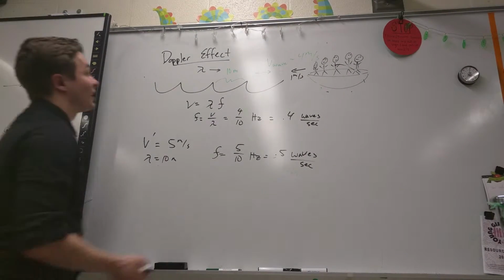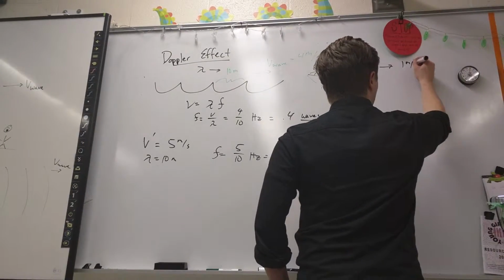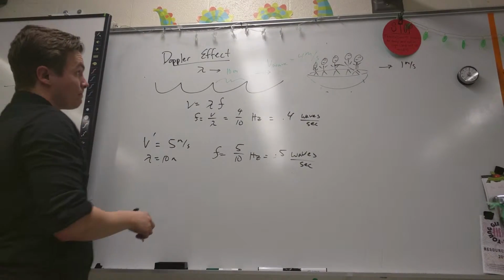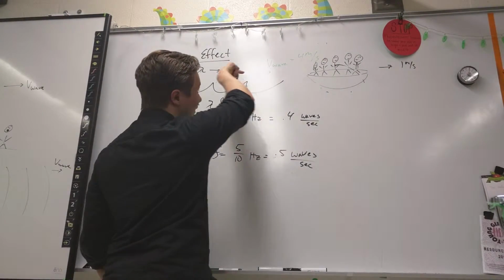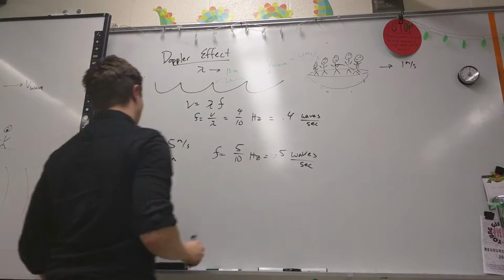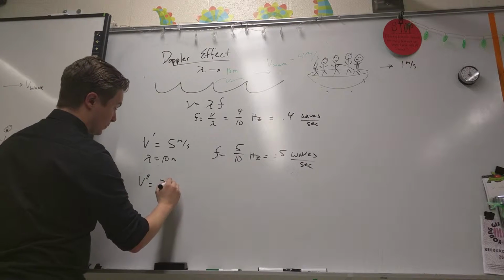And if instead you turned your boat around and started heading this way at 1 meter per second, well, the relative velocity of the wave would look like it was moving slower than 4 meters per second. I'll call this v double prime, 3 meters per second.